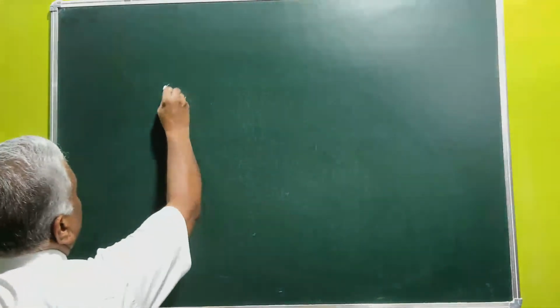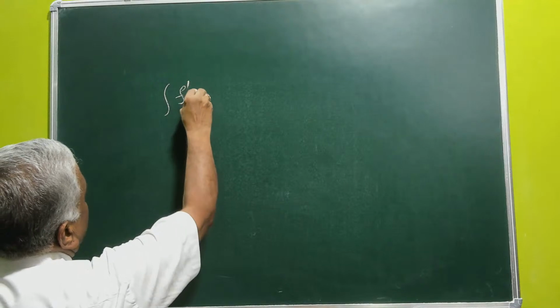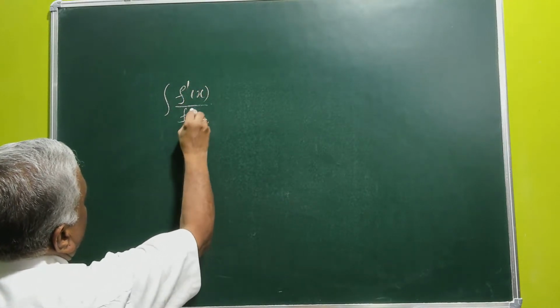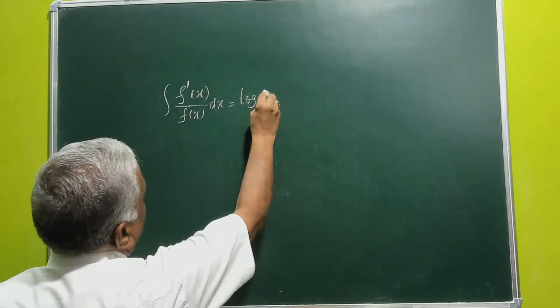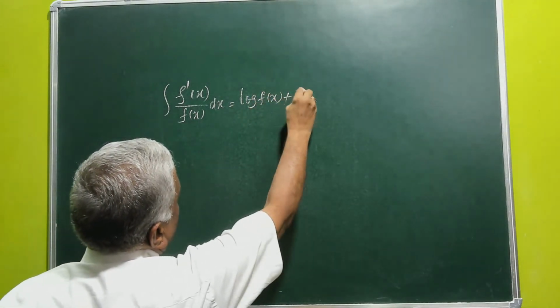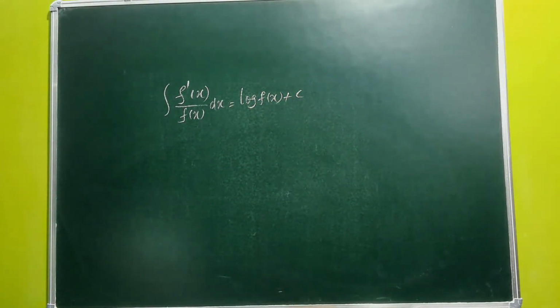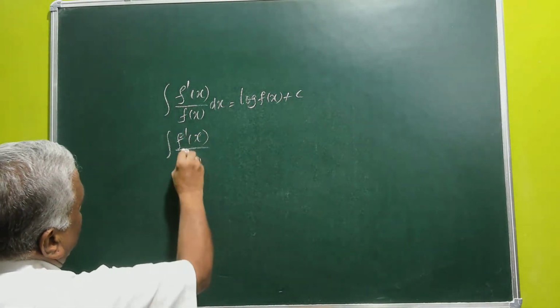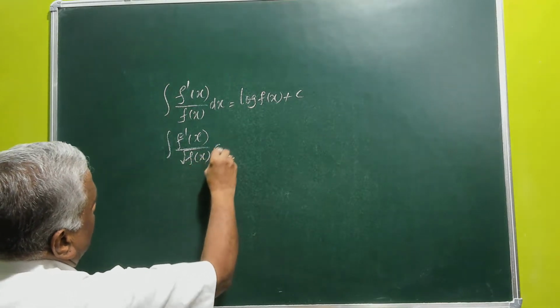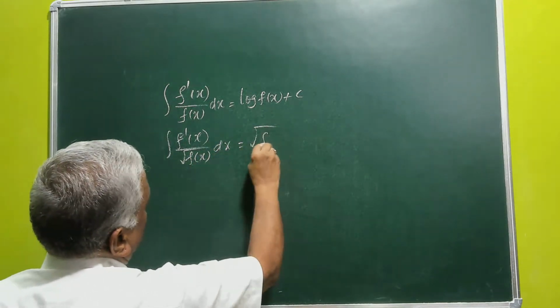The first one, f dash of x over f of x dx is log of f of x plus c. The second, f dash of x over root of f of x dx is root of f of x plus c.